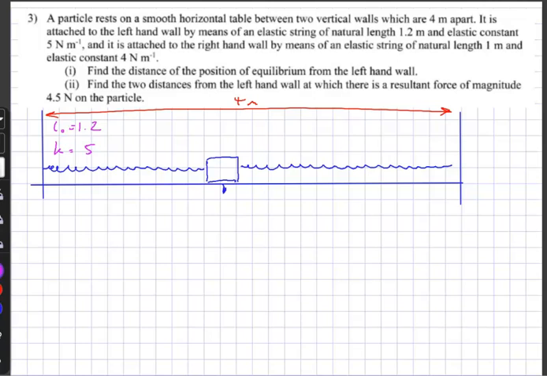What we're going to say is that new distance, let's just call it X. I could call it L1, arguably, but you'll see why it's useful to call it X.